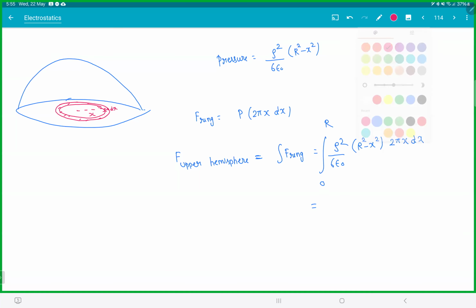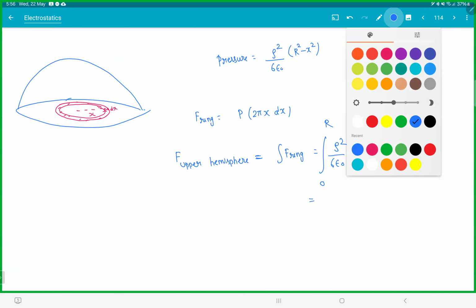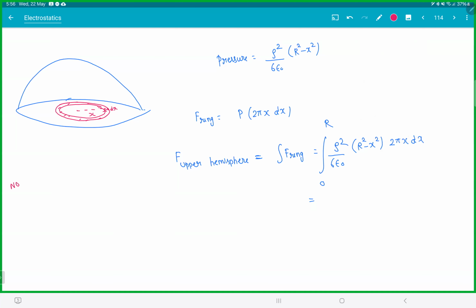Now here, the thing is, this will give you the answer. So here you can put a small note. Because the question is force between upper and lower, but here we are considering even force due to these points here. So what happens is, force due to particles within the upper hemisphere will cancel out, isn't it?